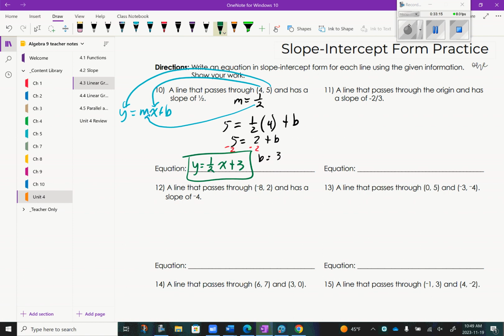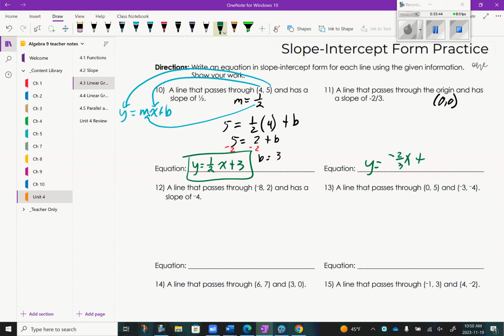Example 11, the line goes through the origin, which of course is the point (0, 0). It has a slope of negative 2/3. Okay, so y is equal to negative 2/3 x plus, all right, again, b is our y-intercept.